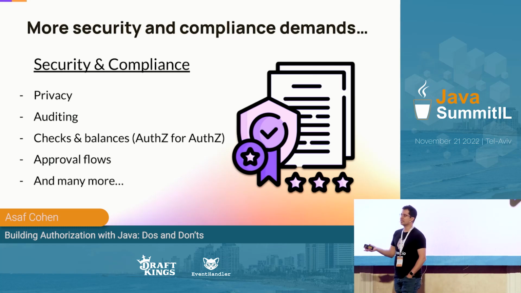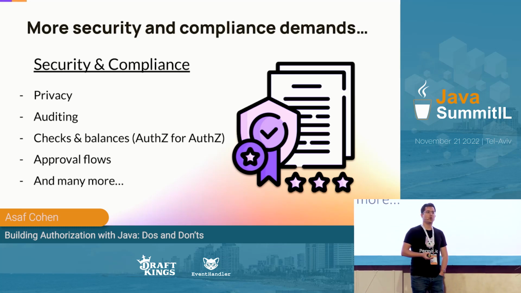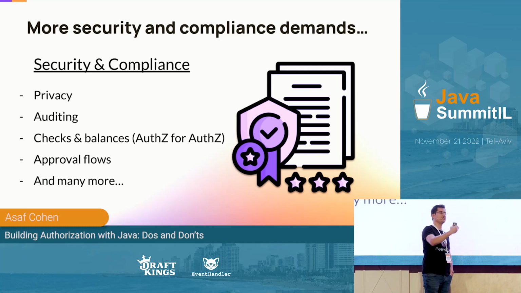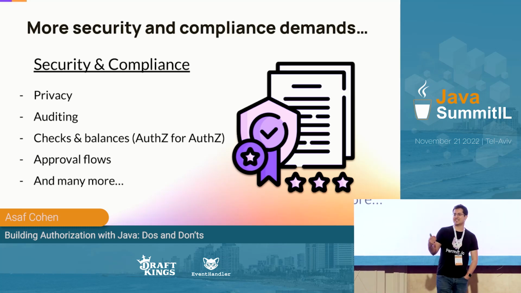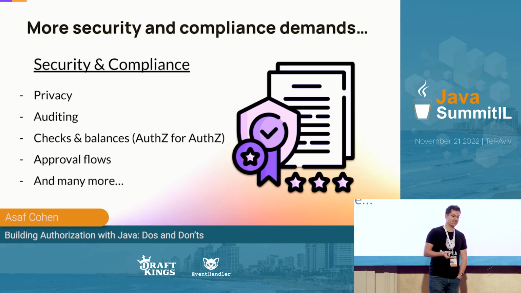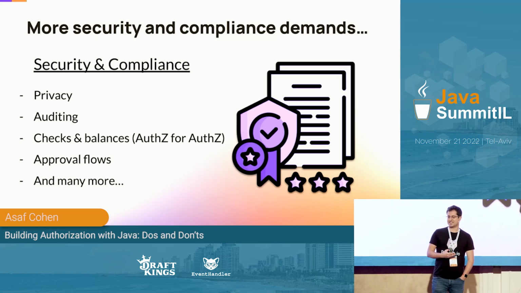So you'll need auditing, you'll need checks and balances. So who is allowed to change the authorization system itself? So think about authz for authz. This kind of problem becomes recursive. Okay, so who's gonna watch the watchers, right?